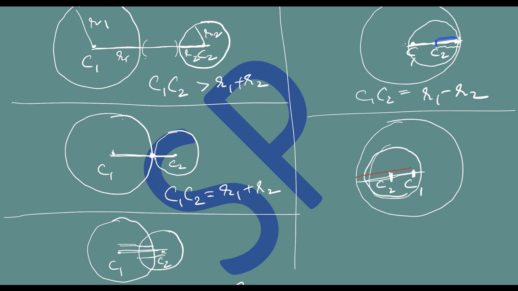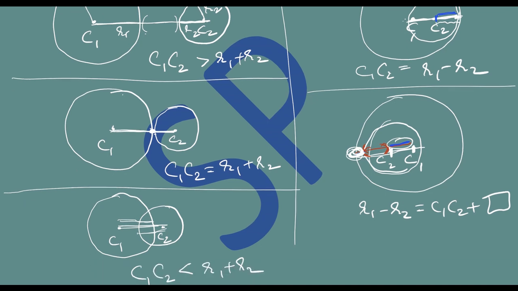Now that is R1, and from R1 observe that roughly this much is R2. If I take away R2 from R1, R1 minus R2, you will get C1C2 plus something positive quantity. This part is extra there. So what I am trying to say is R1 minus R2 is C1C2 plus something more. That means C1C2 is less than R1 minus R2.